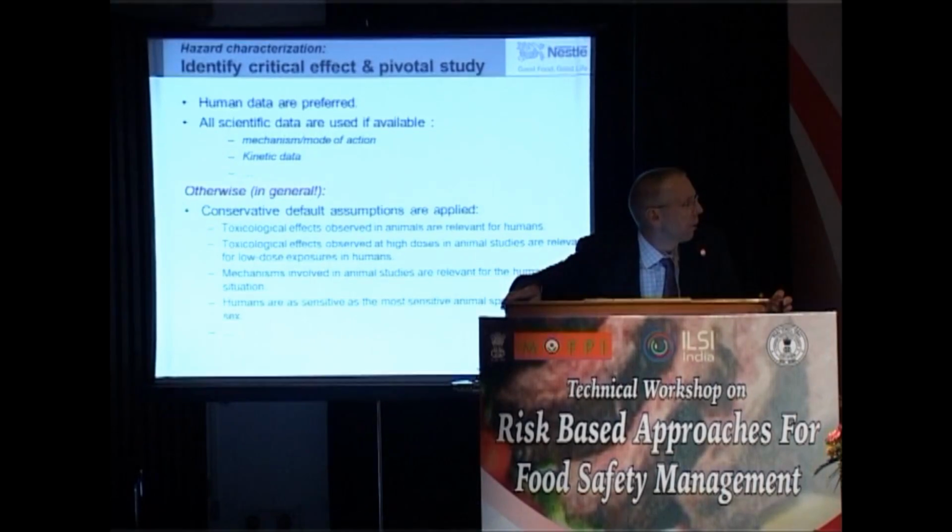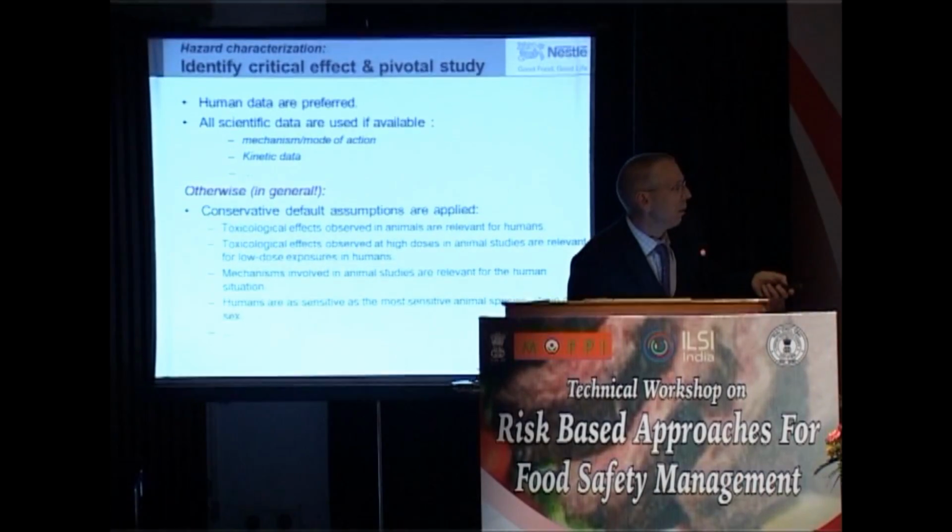So we assume, for instance, that the toxicological effects which are seen in animals are relevant for humans. We use very high doses in animal studies, and we estimate that it will be relevant for low dose exposure in humans. And we assume also that the mechanisms which are involved in animal studies are relevant for humans.